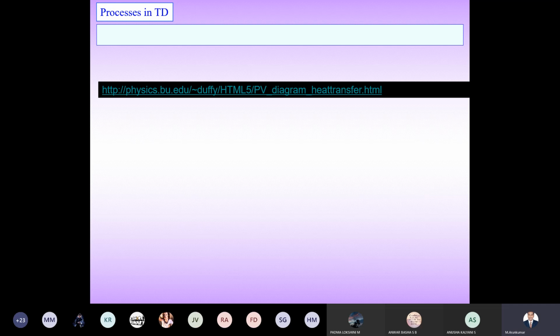Can you link this HTTP page? I added one physics web page, physics.bu.edu. If you click that, I am clicking, but it is guiding to some other web page. Can you see my web page? No, sir. Wait a minute, I will add the web page here.